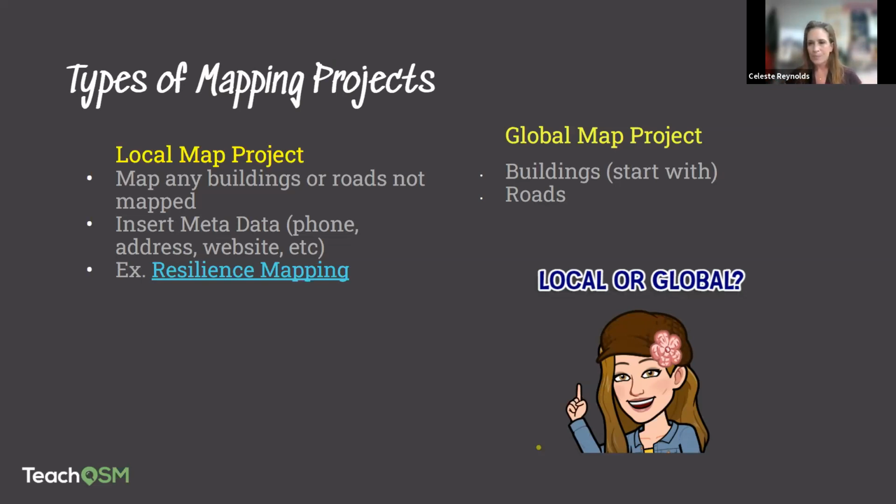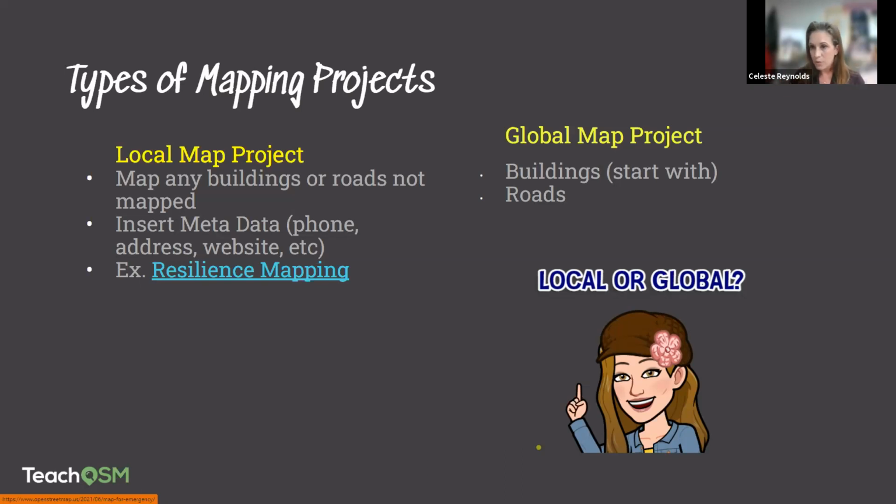This is a great article called Resilience Mapping. And this is another thing where you can have your students look at their community, and you can go into OpenStreetMap and say, is our community resilient for a natural disaster? Is it set up? It has students start to look to see, is it mapped?